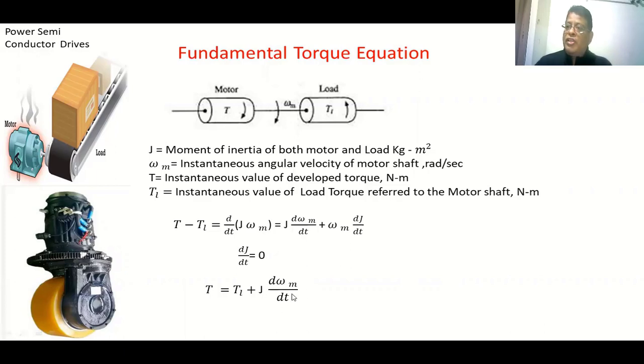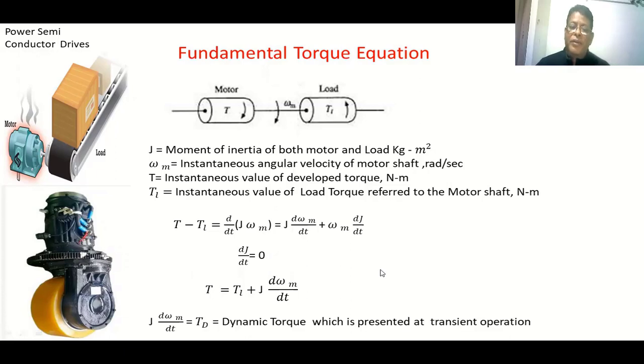When the speed of the motor is changing during a transient period, such as starting, braking, increasing the speed or reversing the motor, only then will this term come into the picture. So this is called the dynamic torque, which is present in transient operation.